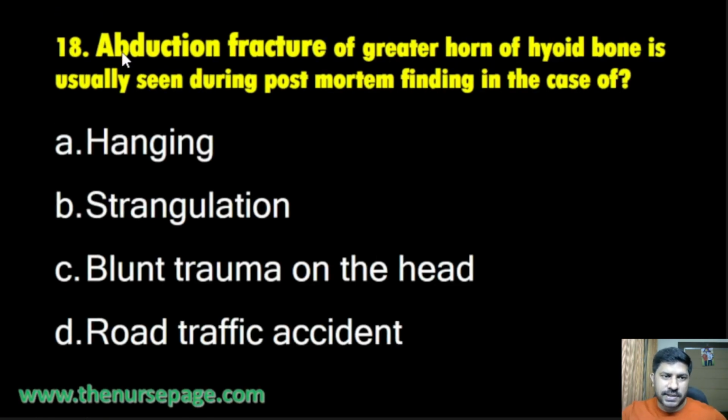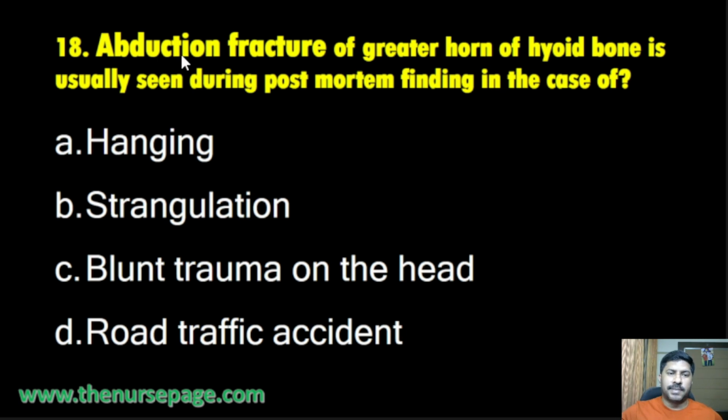And another question, abduction fracture of greater horn of the hyoid bone is usually seen during postmortem findings in the case of hanging, strangulations, blunt trauma on the head, road traffic accident.